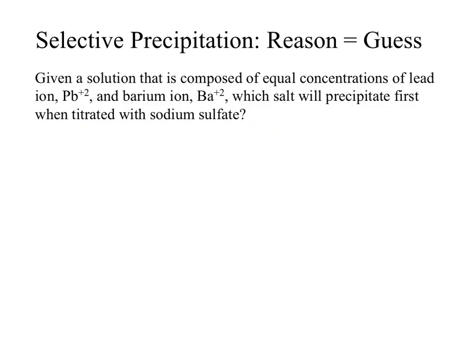And then it says which salt would precipitate first when you add sodium sulfate. Okay, well, presumably, if we looked up lead sulfate and barium sulfate, we would see them both being solids. Okay, so our first pass would be to look those compounds up. Are they both solids, or is one soluble? Because if one's soluble, which one's going to precipitate first?